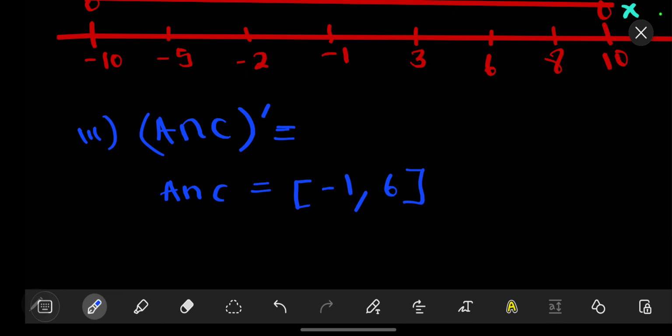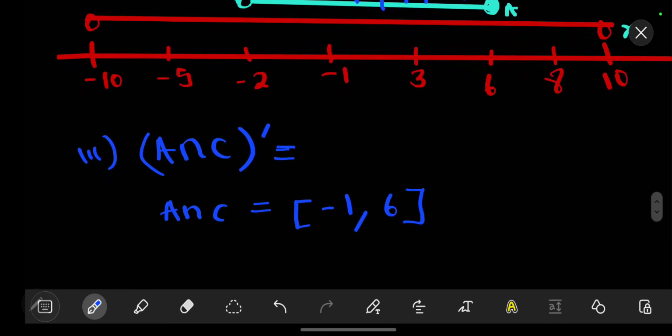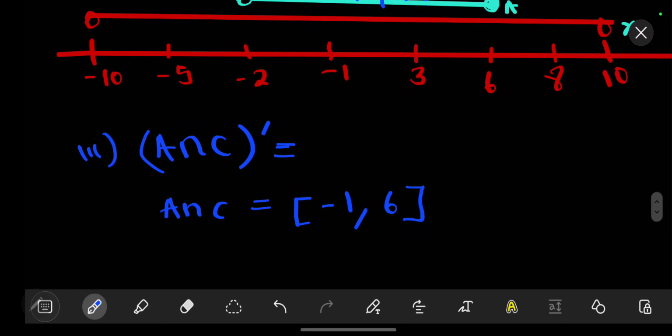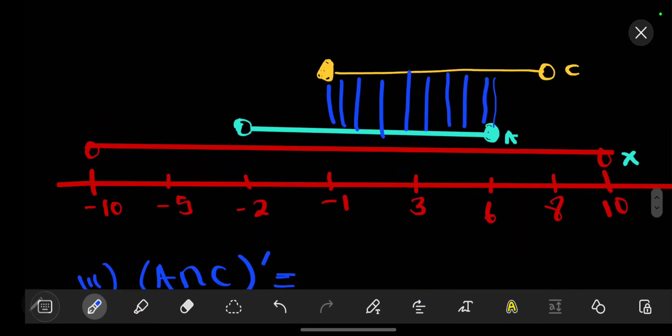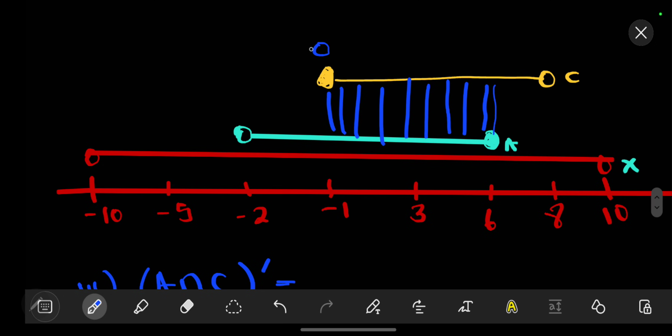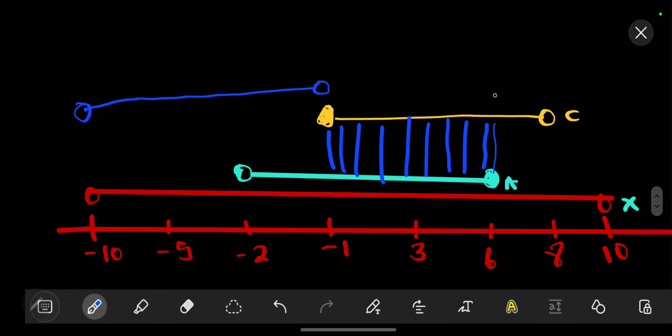Then after doing that, we can now identify what a intersection of c complement is equal to. To find a intersection of c complement, it means we are beginning at this point, then going this side until we reach the universal, which is our 10 for this problem. So be careful with the condition that has been used. And also we have another one, which is from our c here going to this side until we reach 10.